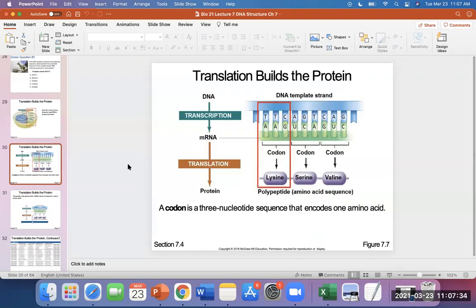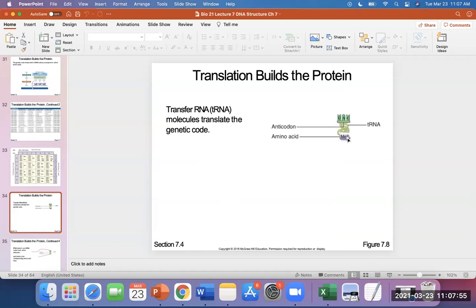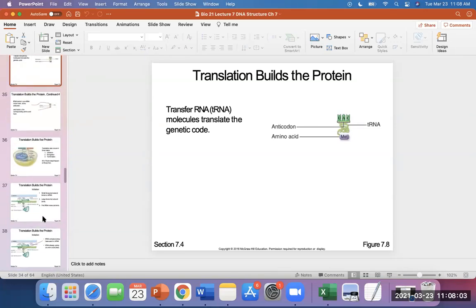And then here it is showing you the codons. I said three letters make one codon. You have one codon here, another one here, another one here. So you have three codons on this DNA template strand. Each codon stands for an amino acid. How that amino acid gets there is through tRNA. The tRNA is going to carry the correct amino acid and anticodon, and bring it to the mRNA sequence inside the rRNA molecule.